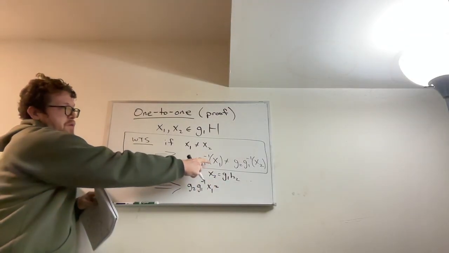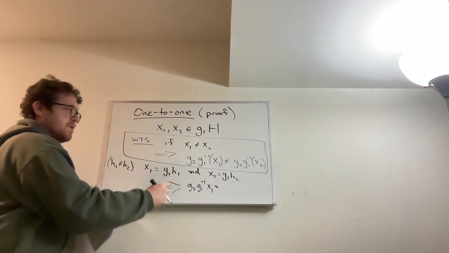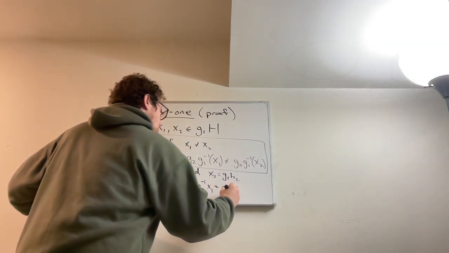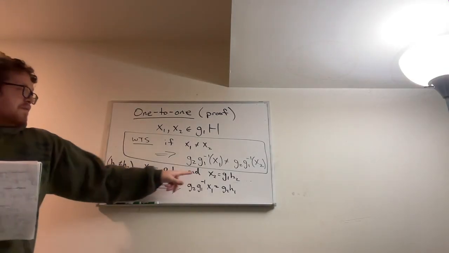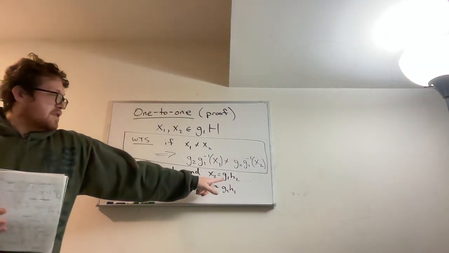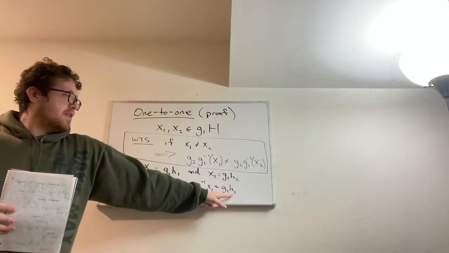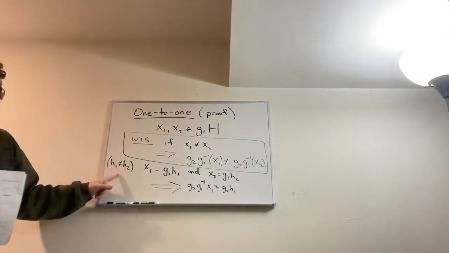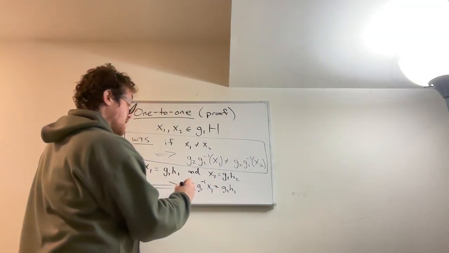So if x1 is equal to G1H1, then multiplying on the left by G2 G1 inverse, the G1s cancel, and I get G2H1. If I do the same thing over here, I get G2H2. And by left cancellation, we would get that h1 equals h2, but we assumed that they were different, and that would be a contradiction. So this is the first part.